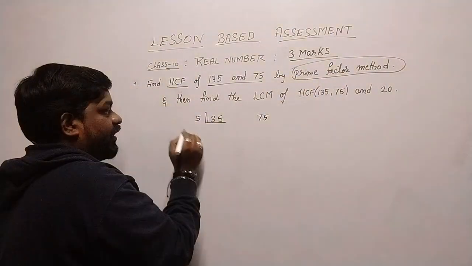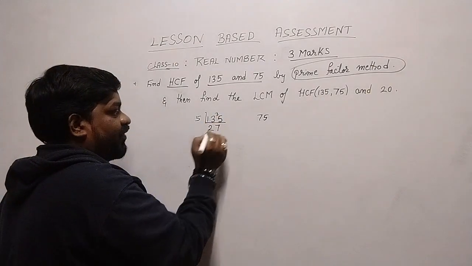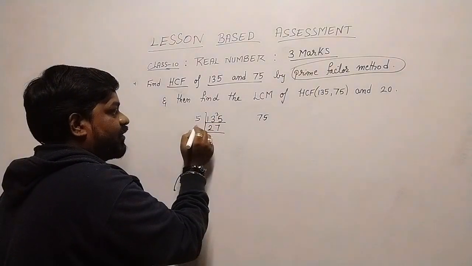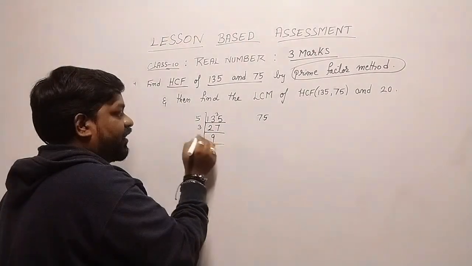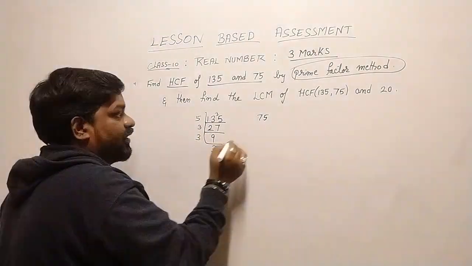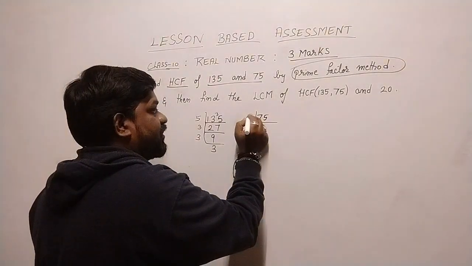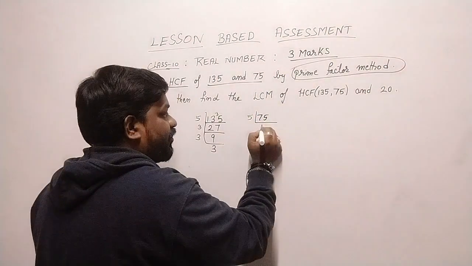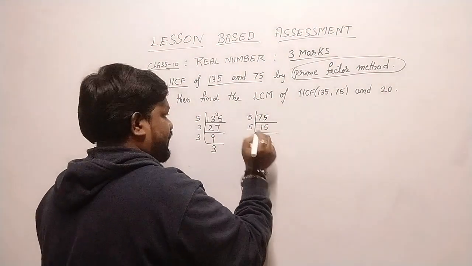So start from the 5 table, 5 twos are 10, 3 remaining, 5 sevens are 35. Start from 3, 3 nines are 27, 3 threes are 9. Next 75. If we start from the 5 table, 5 fifteens are 75, next 5 threes are 15.